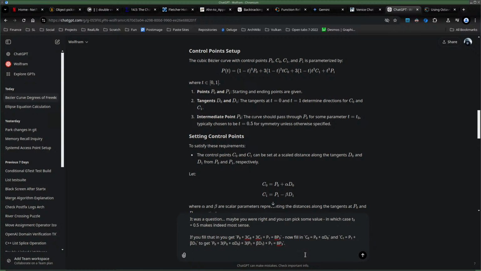Now, okay, let's let AI do some work then. So, if we work that out, can we solve for alpha and beta? How?